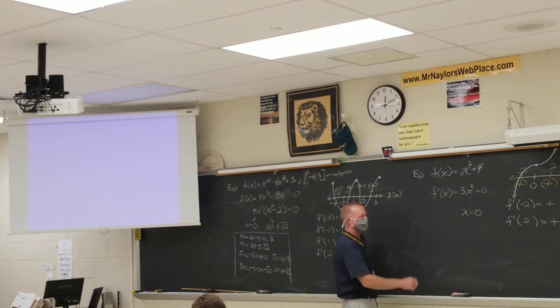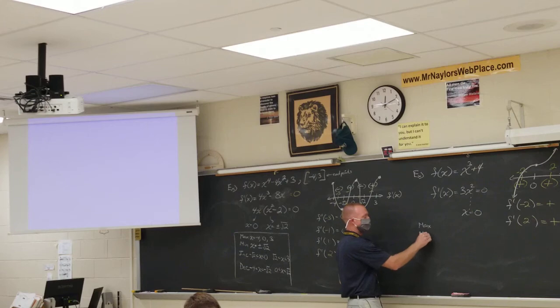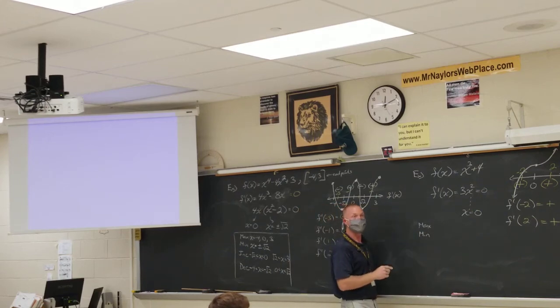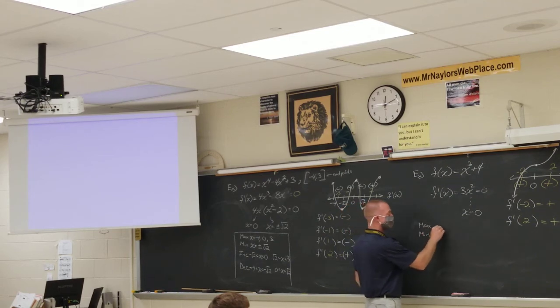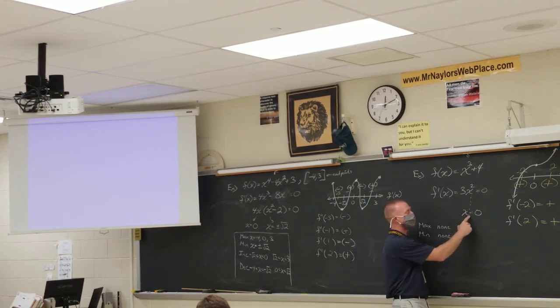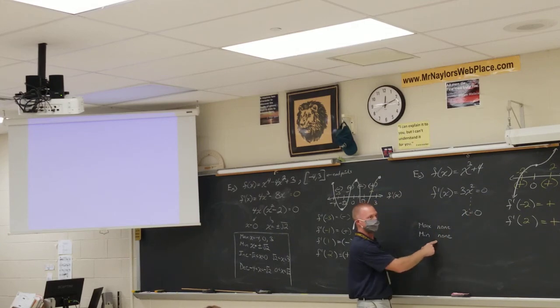Is x equals 0 a maximum or minimum? Well, the short answer is no. X equals 0 is just a place along the way. So was x equals 0 a critical point? Yes, it was a critical point, but it's not a max or min.